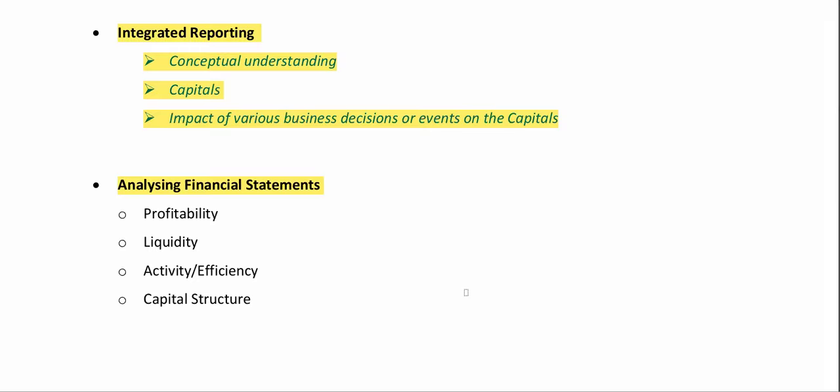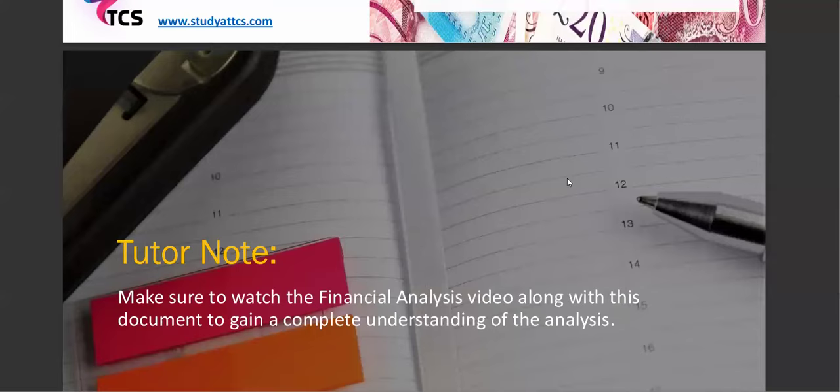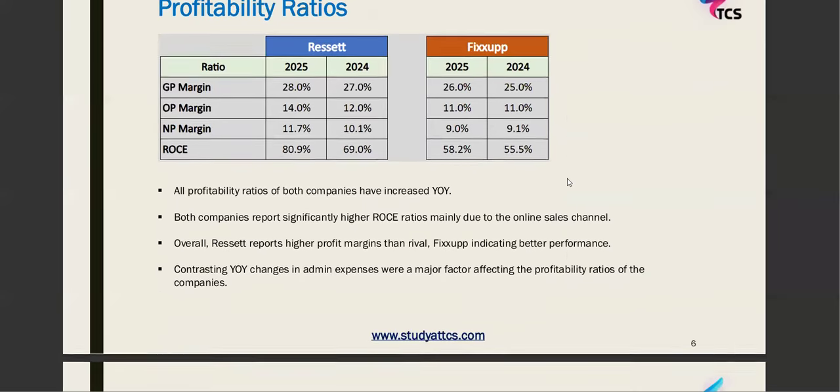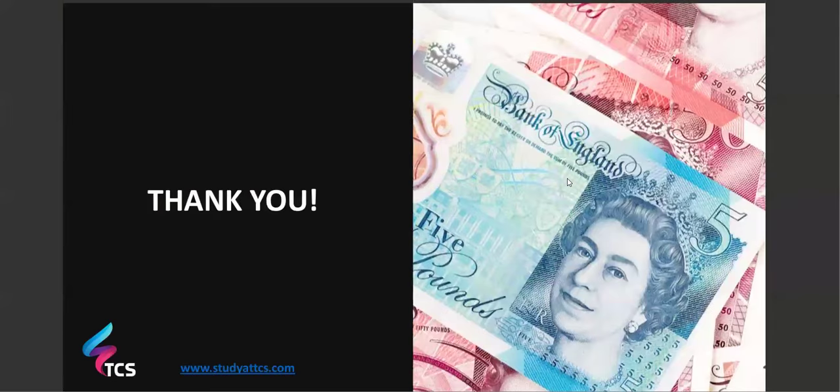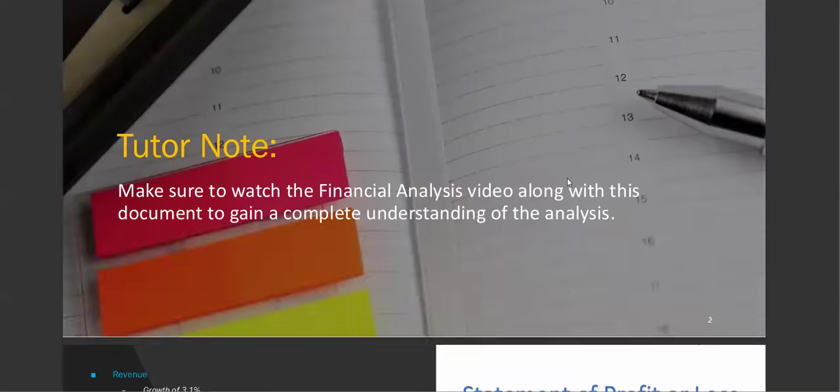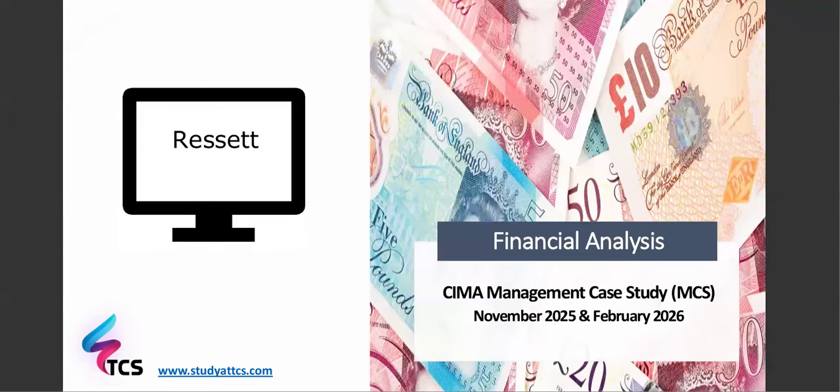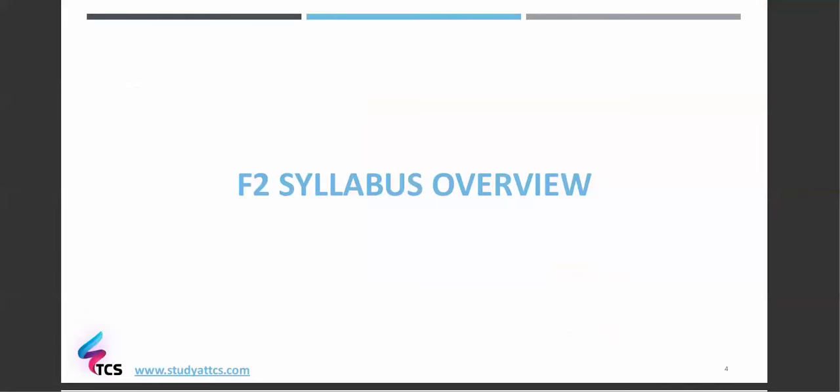So it is necessary in preparation of the examination that you are aware of the key ratios within each of these categories, and thereafter, based on the requirement, you should be able to identify and discuss those key ratios within the examination. So if you refer to the financial analysis document that we've provided, you will see that we've discussed the ratios along with the analysis. So please make sure that you are thorough with the financial analysis that we've performed.